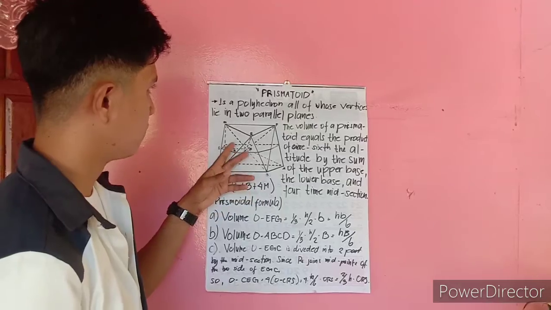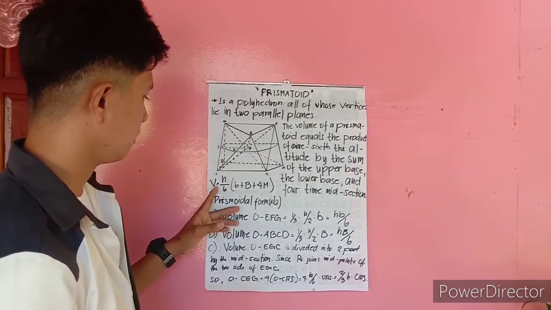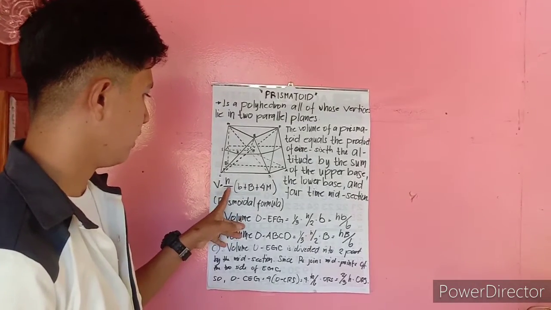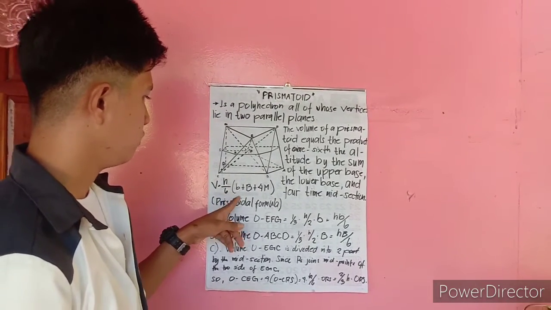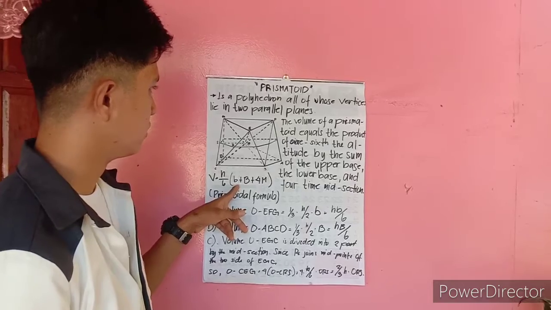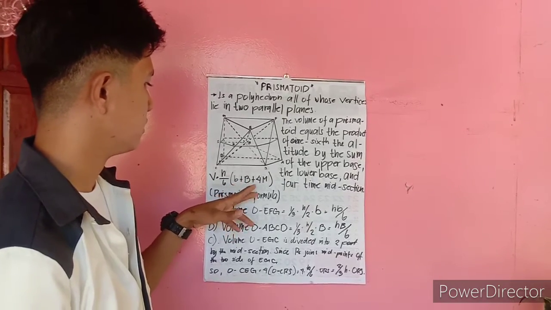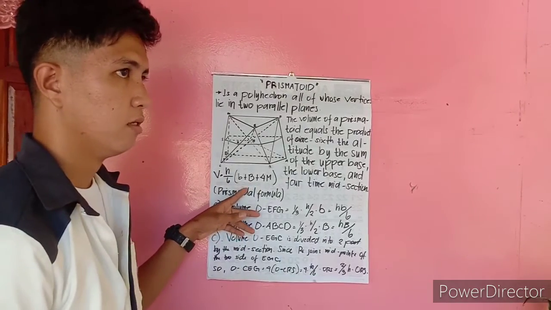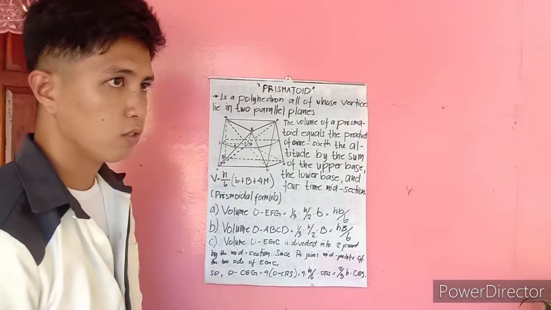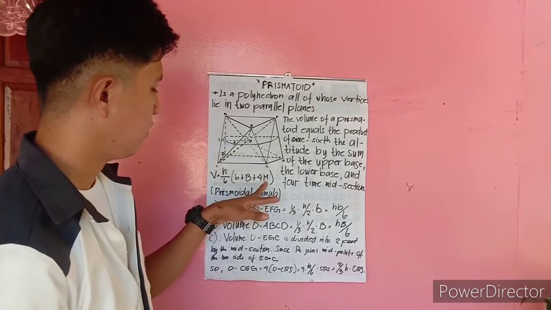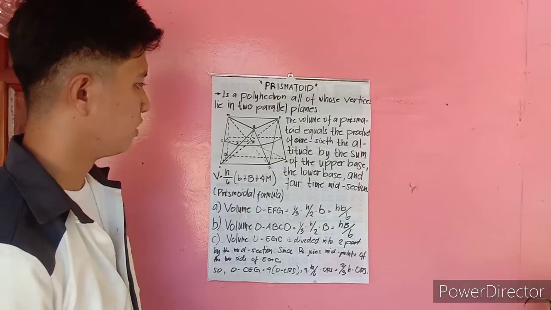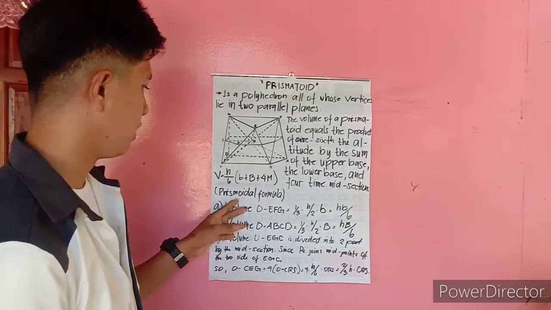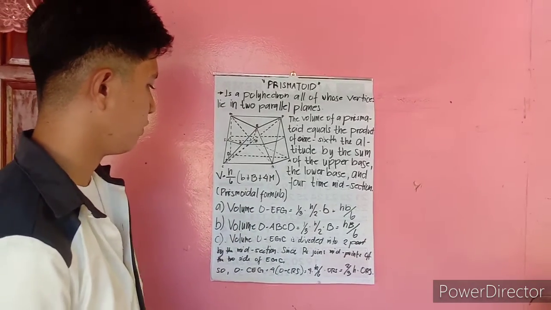The formula to solve the volume is: volume equals height over 6 times (b plus B plus 4M). Small b stands for the upper base, capital B stands for the lower base, and M stands for the midsection, times 4. This is the prismoidal formula.